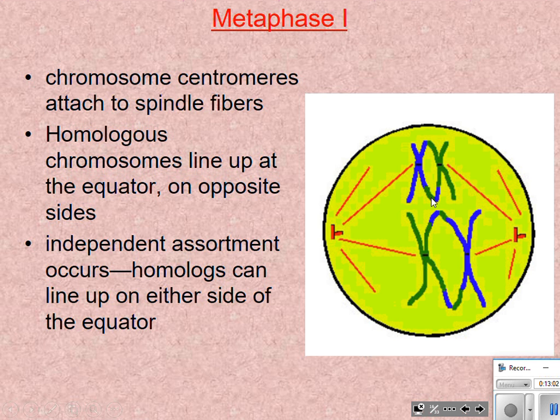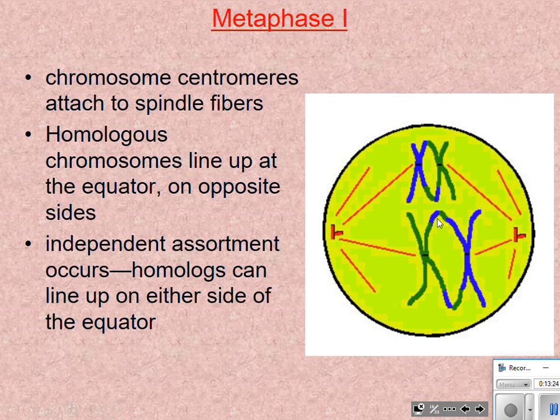So what has occurred in prophase 1 there? What do we call it? We just talked about it. Crossing over. Okay? So see how those little parts have switched right there. Same thing with right here. We have crossing over. Those little parts have switched.